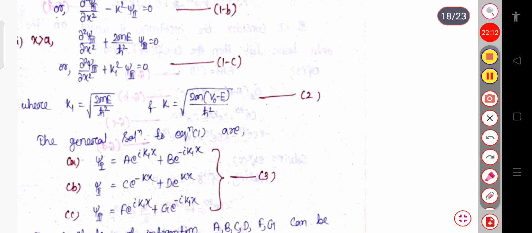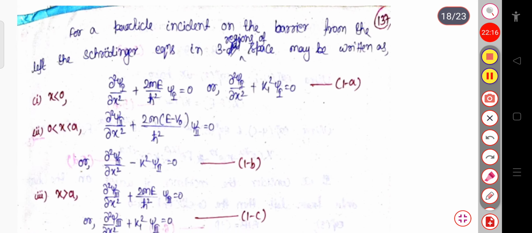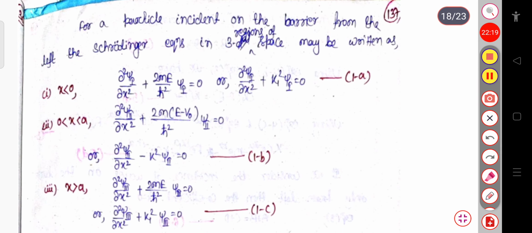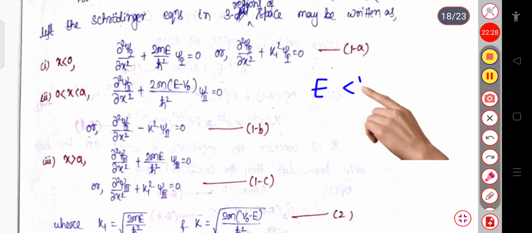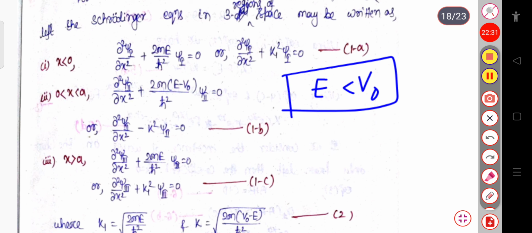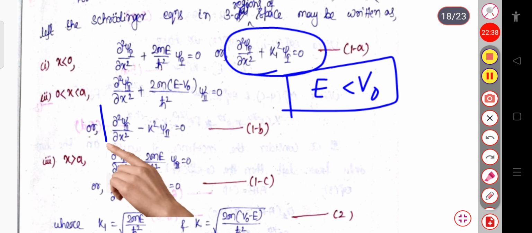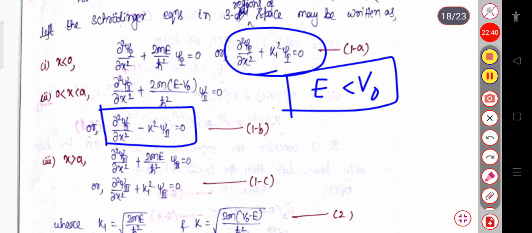Now here also we will solve the Schrodinger time independent equation. If we apply it for the three regions, that is when x is less than 0, x lies between 0 and a, and x is greater than a, with E less than V naught, you will get: del square psi 1 by del x square plus k1 square psi 1 equal to 0; del square psi 2 by del x square minus k square psi 2 equal to 0; and del square psi 3 by del x square plus k1 square psi 3 equal to 0.